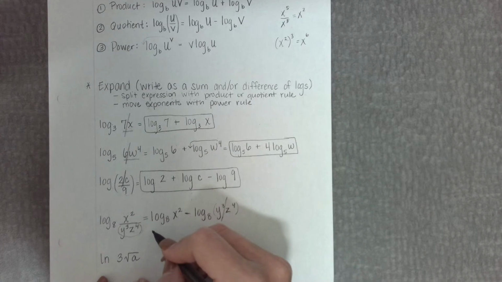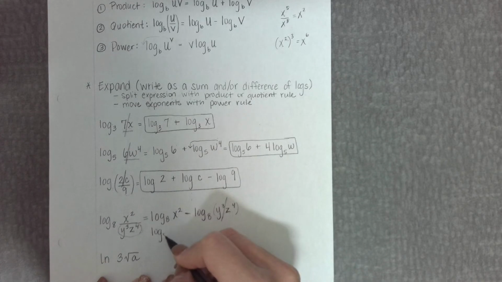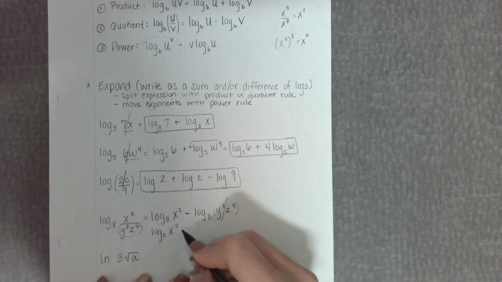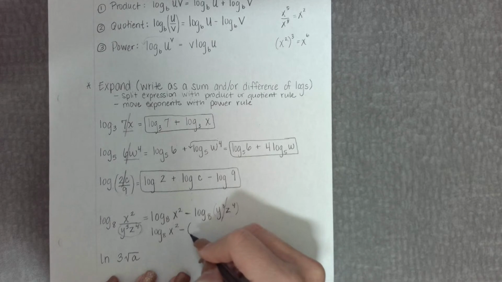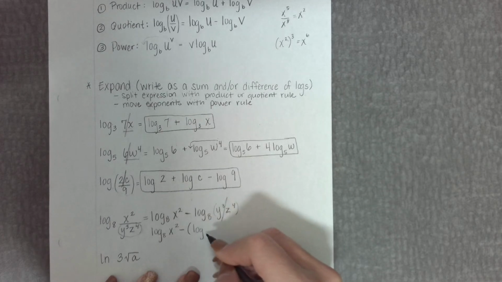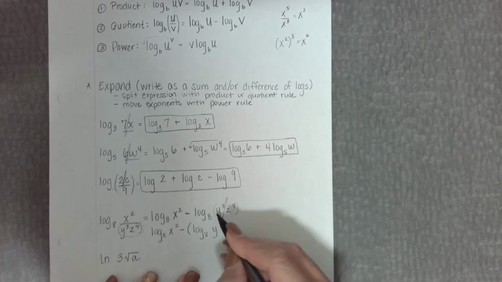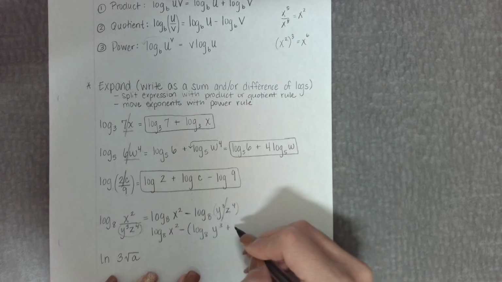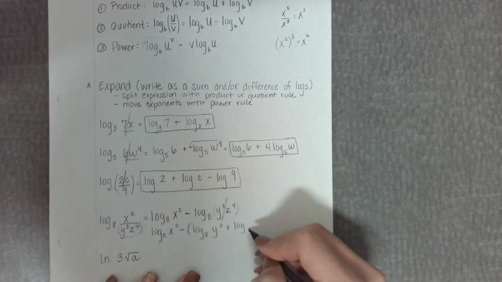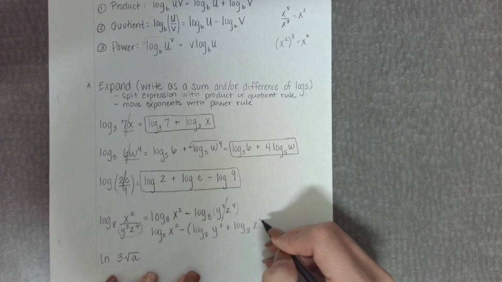So here's what happens next. We have log base 8 of x squared minus log base 8 of y cubed plus, because this is a product, log base 8 of z to the 4th.